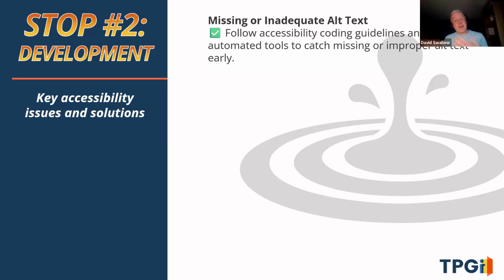And the ripple effect is without proper alt text at the code level, no amount of testing can fully address the issue. What should happen is that developers should follow accessible coding guidelines and integrate accessibility linters and automated tools into their workflows to catch missing alt text early.